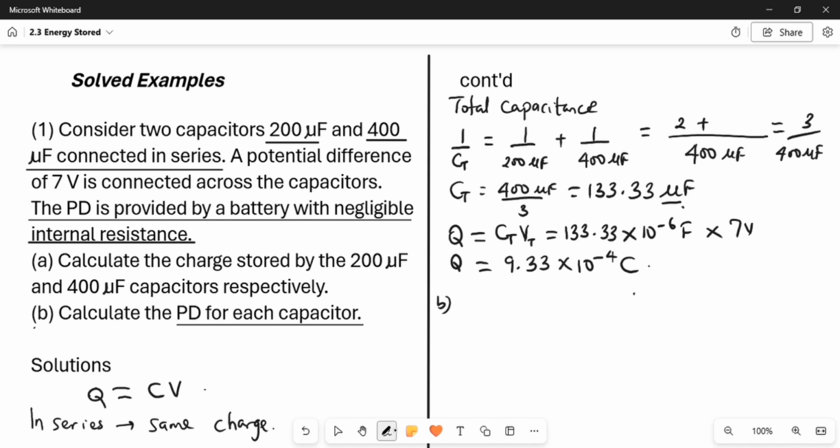For part B, we have to find the PD for each capacitor. Since they are in series, they will have different potential difference.